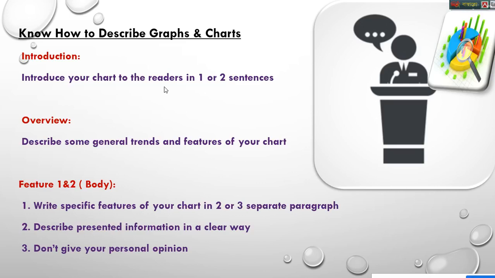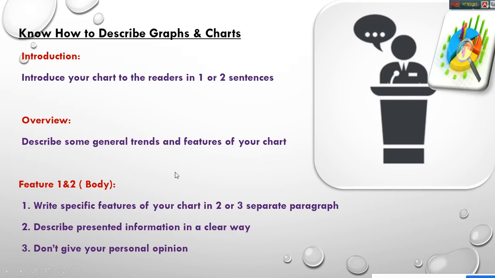We have to accommodate multi-paragraphs in a composition. So in the introduction part, we are not supposed to write the introduction in one sentence. We have to develop the introduction paragraph in two or three more sentences. Then the overview: describe some general trends and features of your chart.